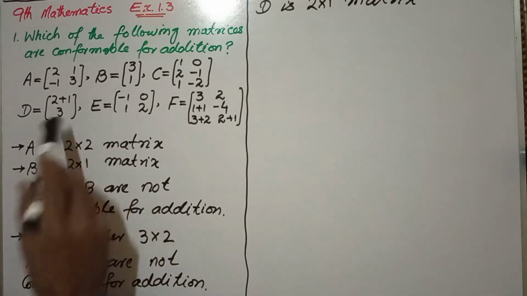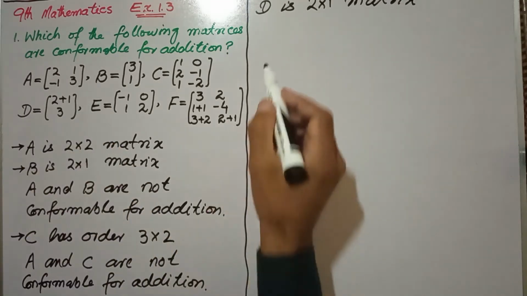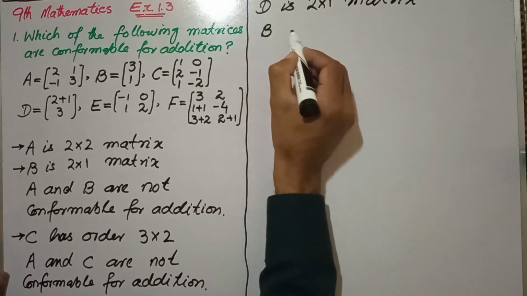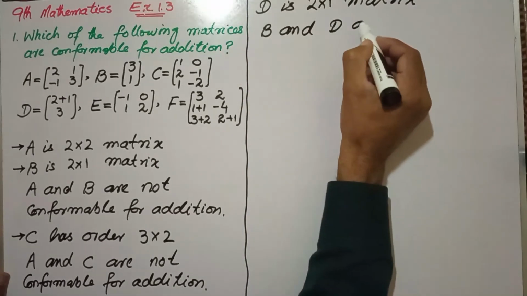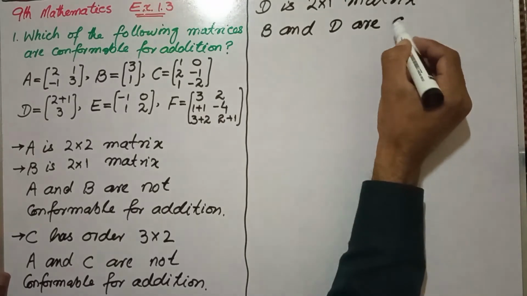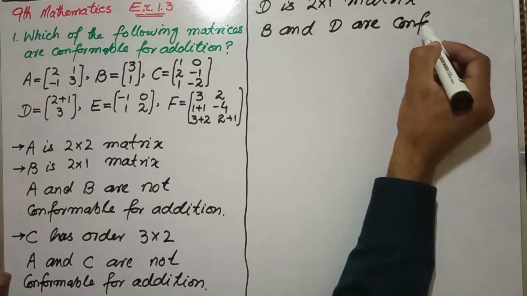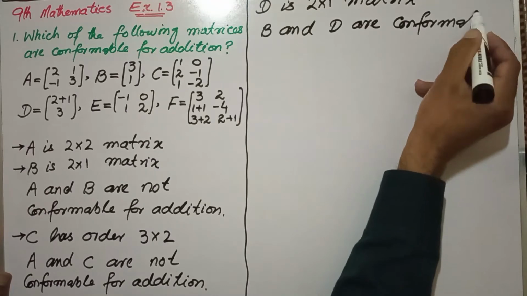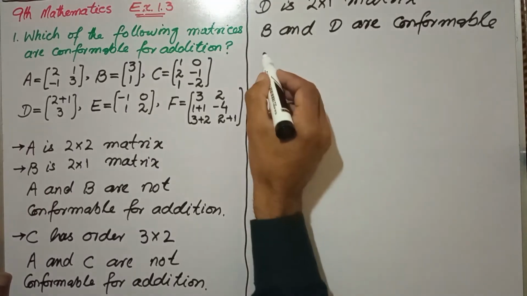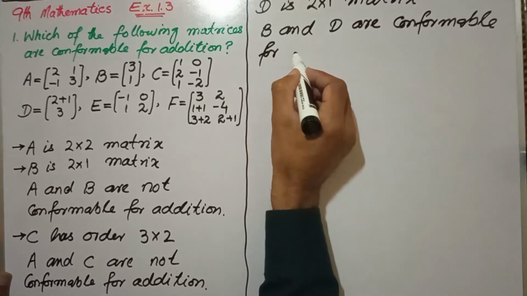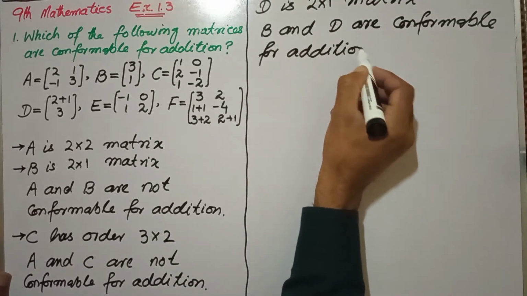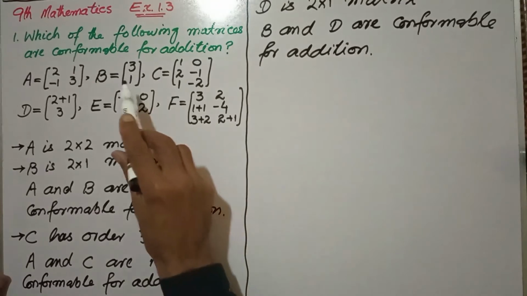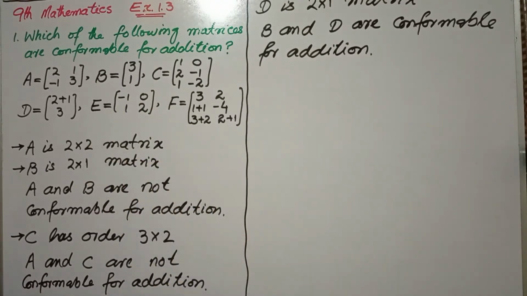Therefore, B and D are conformable for addition because they have the same order.